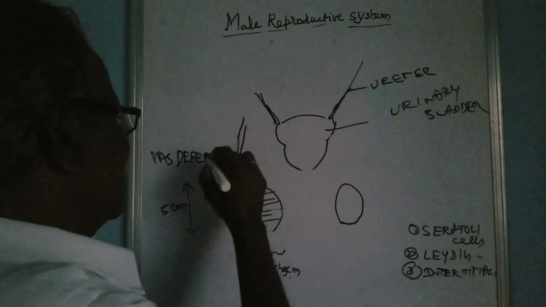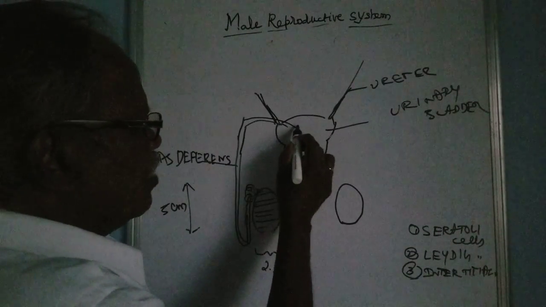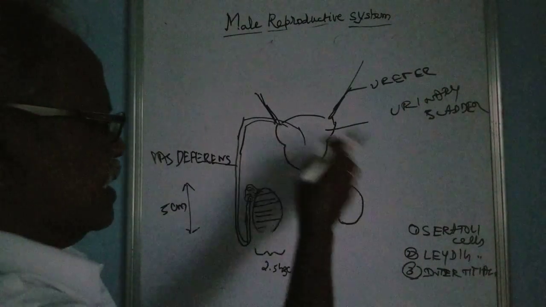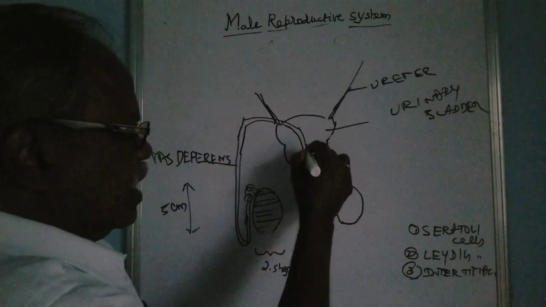This vas deferens curves over the urinary bladder on either side, and then comes downwards.